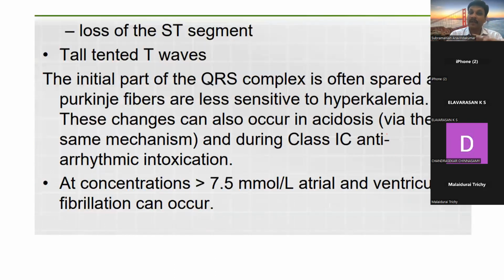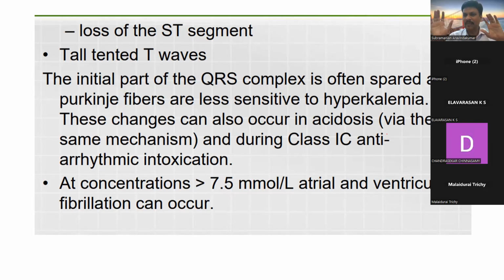Then there is loss of the complete ST segment, and ultimately nothing will be there. To begin with, actually, there will be tall tented peaked T waves. The initial part of the QRS is usually spared because the Purkinje fibers are less sensitive.